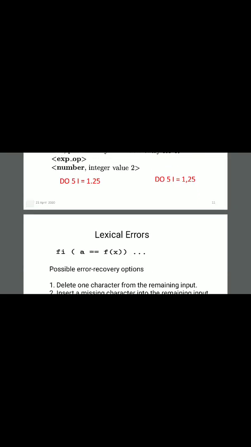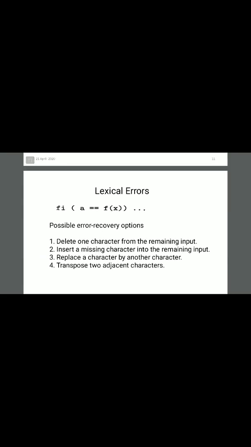Now when you are providing these attributes, there is a possibility of getting errors. How is the lexical analyzer going to handle these errors? Consider the first statement given here, fi. Assume that it is a C programming language statement. When you give fi, is it an error or a statement?